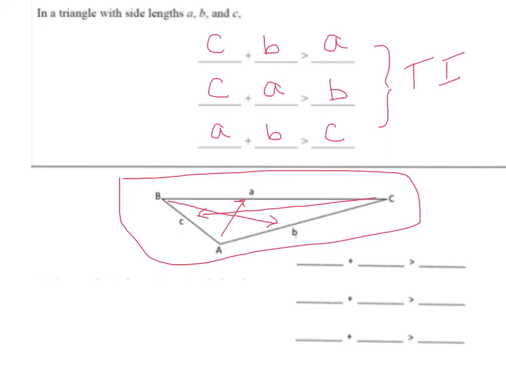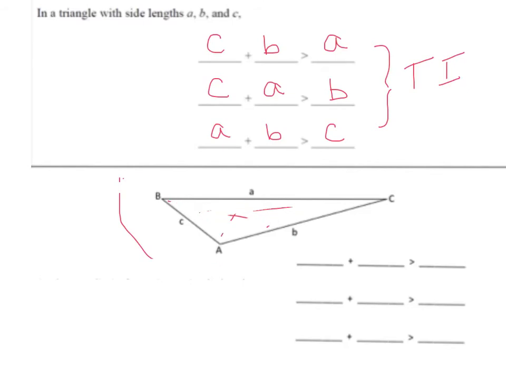We can write it a different way. The next piece down says write it using the distances, not the small lowercase letters. So if I look up here, C is really segment AB, so length AB. B is really AC, and that has to be greater than BC.